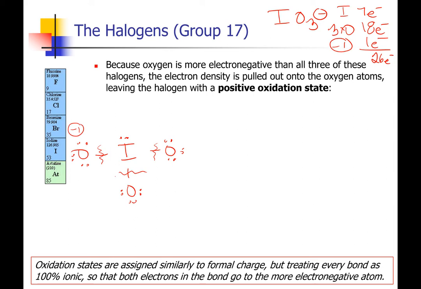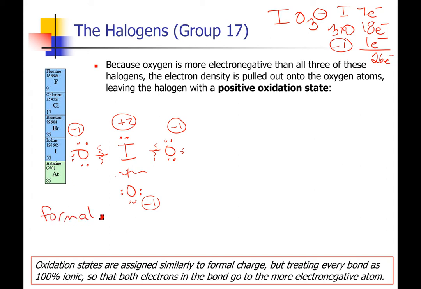So it would put a -1 formal charge on each of the 3 oxygen atoms. And then the iodine atom in the middle would get 1, 2, 3 electrons from those 3 bonds, plus the 2 it's not sharing is 5, but a neutral iodine atom has 7 electrons. So this is 2 short of that and gives it a formal charge of +2.